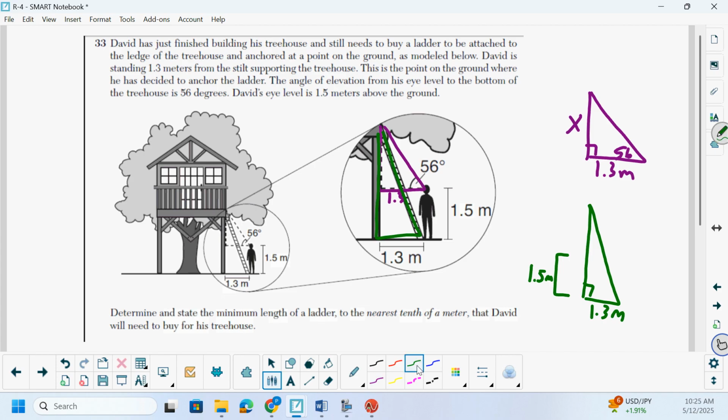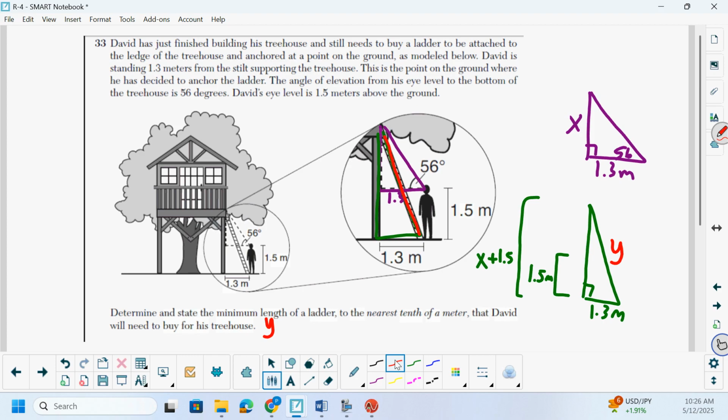So that means that this vertical portion in the green is going to be x plus 1.5. And then what we want to find eventually, the length of the ladder, is the hypotenuse in the green triangle. So I'm going to go ahead and label that y. And what I'm going to do is next to where it asks us the actual question, I'm going to write y just as a reminder that the y is really going to be our answer.